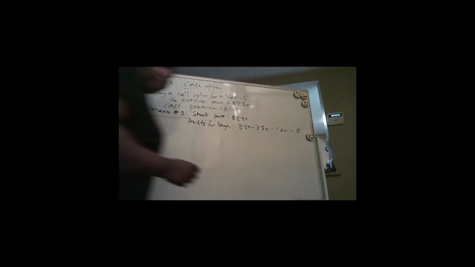So in this scenario, how much are you making? Nothing. And if you're looking at that and going, zero, this doesn't make sense to me. What would you do? Remember, this is your right. You could buy it at $7.50. It's your right, but you're not obligated. Would you exercise this option? If you're thinking, but I'm not making any money. Yeah, you're not making any money, but what's the alternative? You plop down $1.30 to buy this call option. That's your premium.